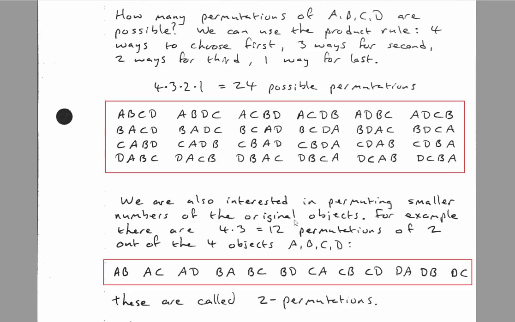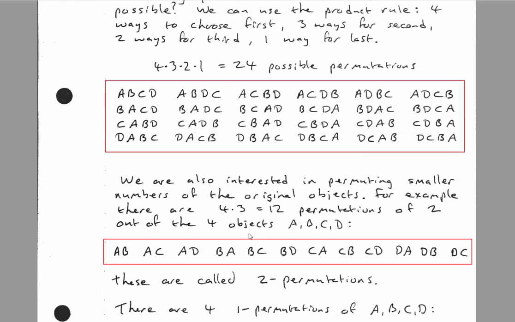We're also interested in permuting smaller numbers of the original objects. So suppose you just want to mix up 2 of the original 4 objects. Well, now you're choosing just 2 out of the 4, so it's 4 times 3 permutations. So that's 12.